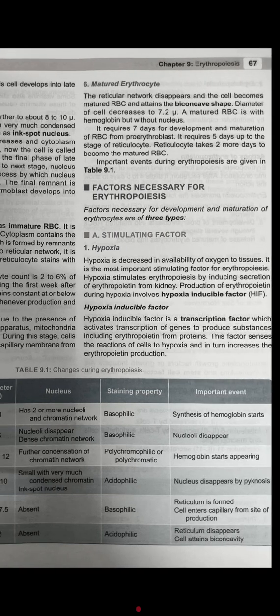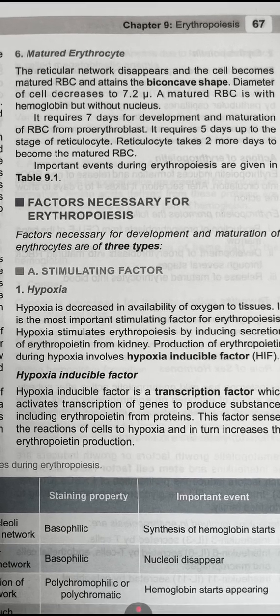Next is mature erythrocyte. In the mature erythrocyte, the reticular network disappears and the cell becomes mature RBC and attains the biconcave shape. Now, the reticular network, those remnants of Golgi apparatus or reticular sites, these all disappear and the cell becomes mature and attains a biconcave shape.